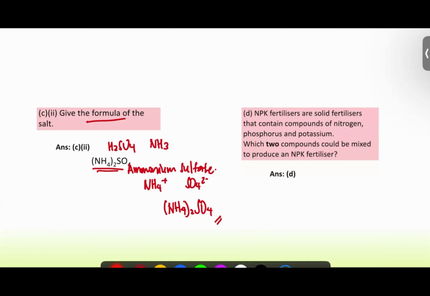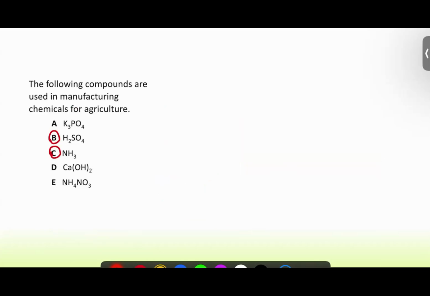NPK fertilizers are solid fertilizers that contain compounds of nitrogen, phosphorus, and potassium. Which two compounds could be mixed to produce an NPK fertilizer? NPK consists of nitrogen, phosphorus, and potassium. So we need A, because we need potassium and phosphorus, and also nitrogen.